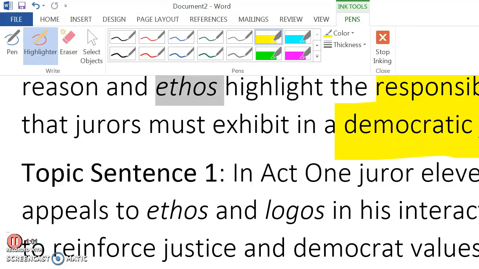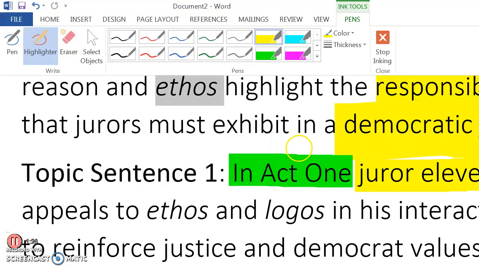And when you watch that tutorial on topic sentences, you will notice that this topic sentence does have those two components of an effective topic sentence. I've signaled my organizational choice. I've grouped my examples in chronological order. I'm going to start with examples from Act 1. And notice I have created a clear connection back to the thesis statement. By naming Juror 11, I connect back, obviously, to my topic.